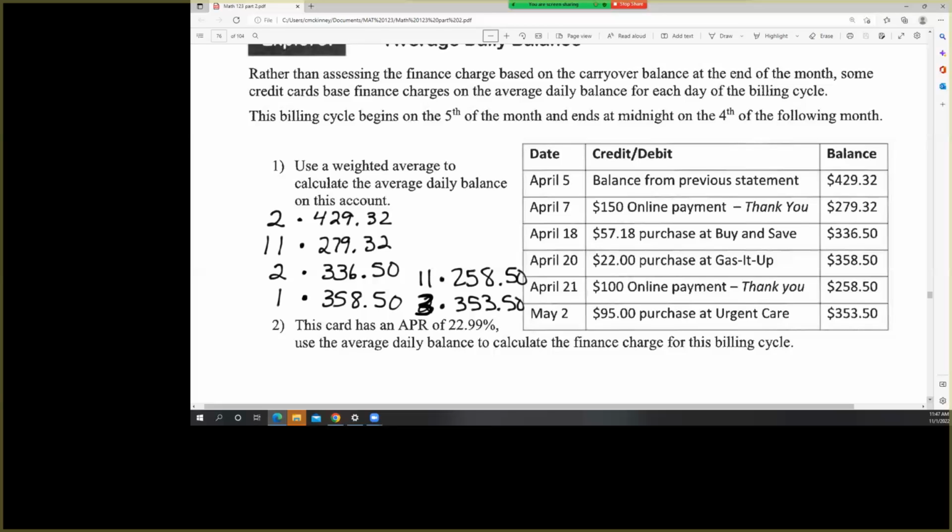I had to go back up here and see when it ends. So the 4th would be included.